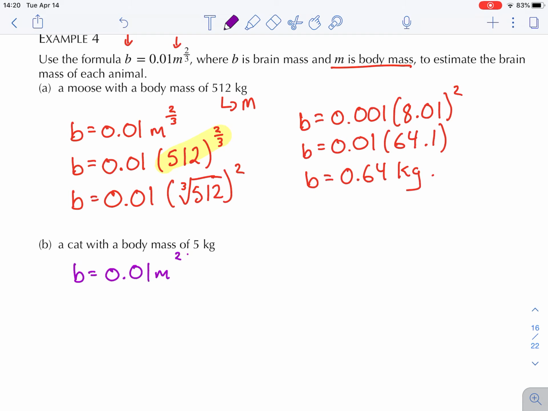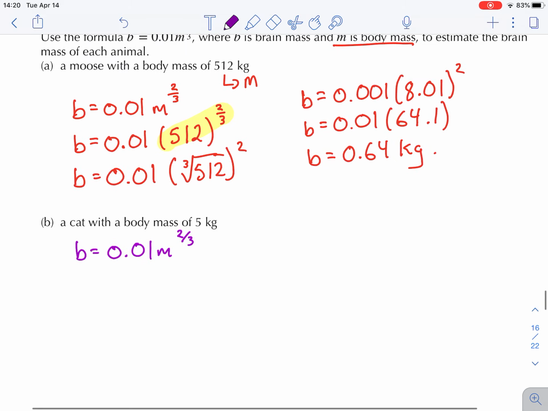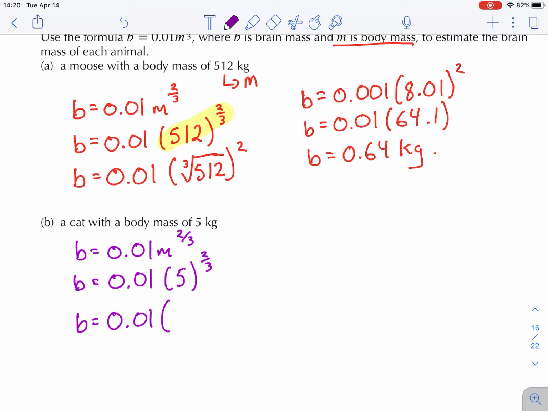So b is equal to 0.01 m to the power of 2/3. B is equal to 0.01 times 5 to the power of 2/3, now I'm going to write this a little bit different. I'm going to write this one the other way. This one's going to be the cube root of 5 squared.